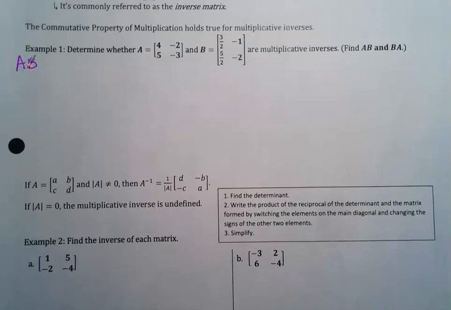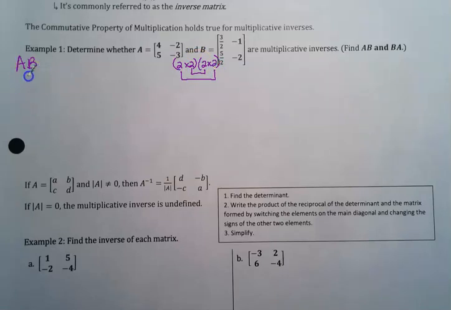So we're going to do our multiplication. Because this is a 2 by 2, and this one is a 2 by 2 as well, we're multiplying a 2 by 2 times a 2 by 2. The two numbers on the inside are the same, so we can multiply, and our solution is going to be a 2 by 2.